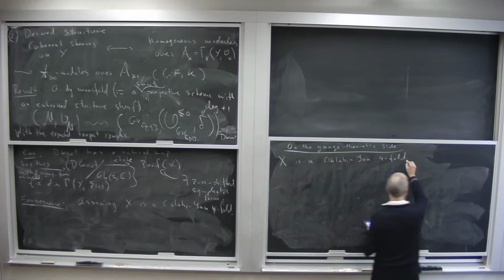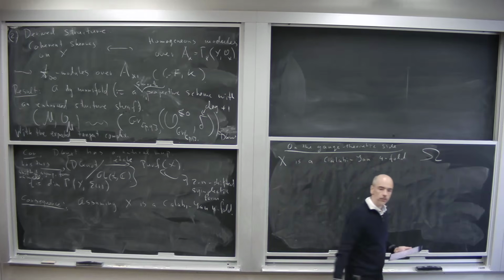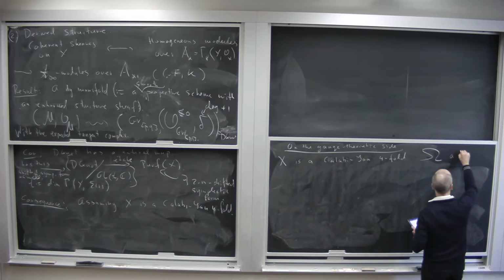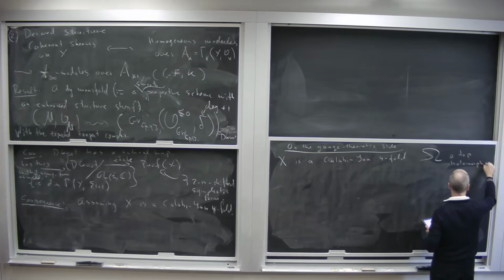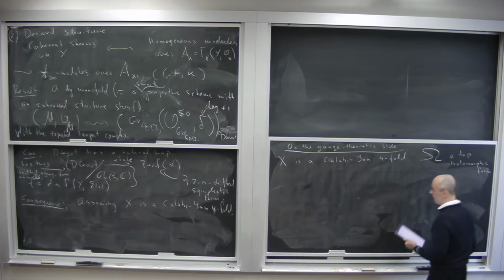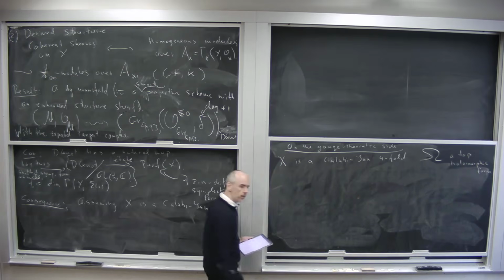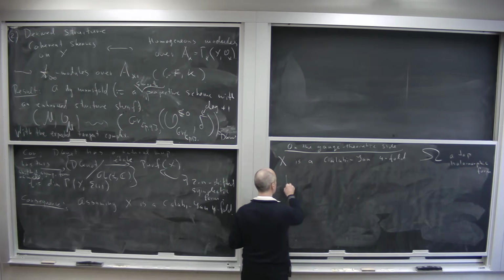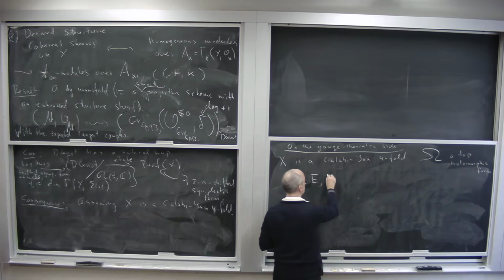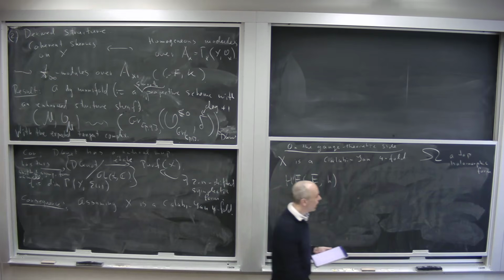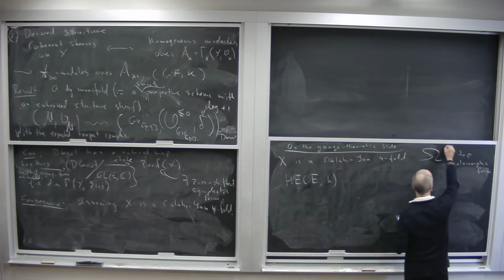Because it's a Calabi-Yau, I will have the top holomorphic form omega. Since we are on the gauge theoretic side, I'm looking at the moduli space of Hermitian-Einstein connections on a fixed bundle E with a fixed Hermitian structure. And remember, I said it will be important to have the first Chern class vanishing, so that's what I require now.